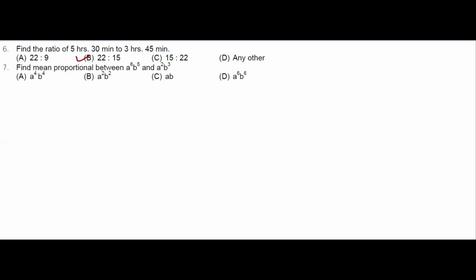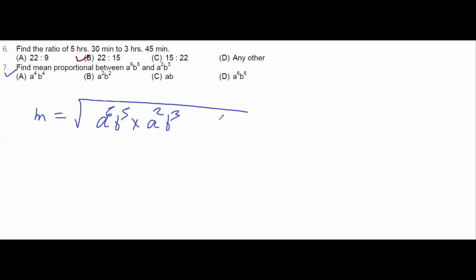Okay, so question number 7 we are going to do. Find the mean proportional between a to the power of 6, b to the power of 5 and a square, b to the power of 3 or b cube. So mean proportional will be the square root of a to the power of 6, b to the power of 5 into a square b cube.